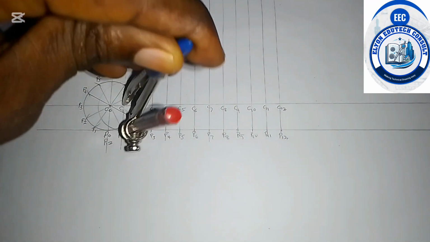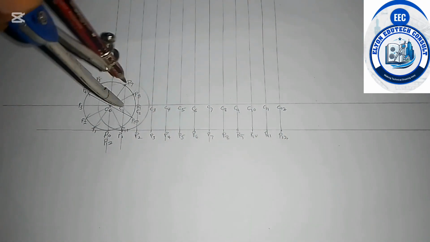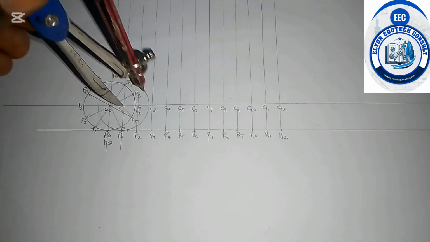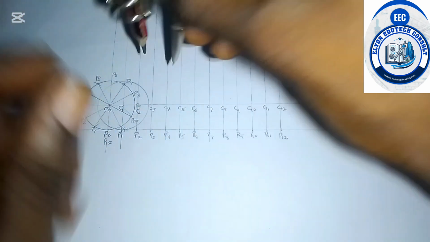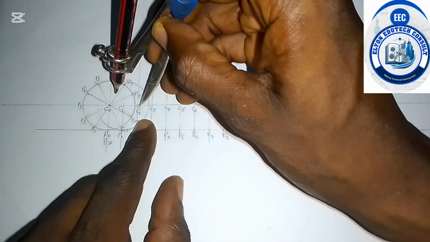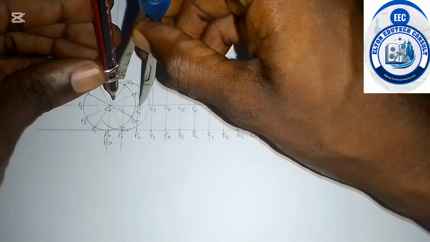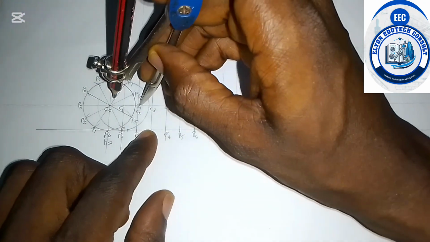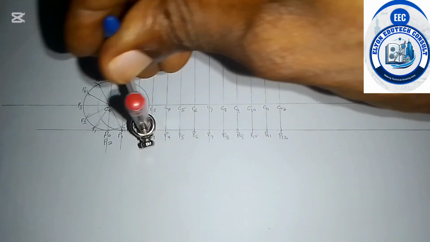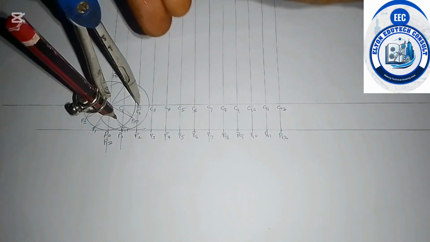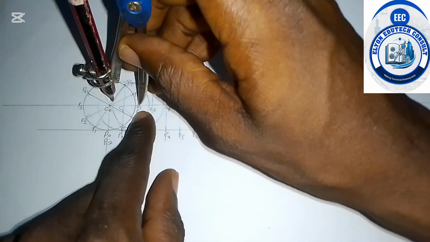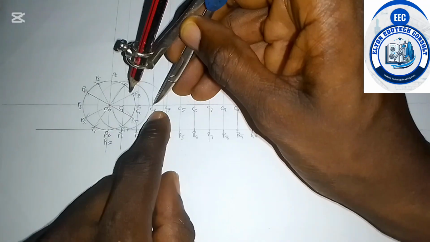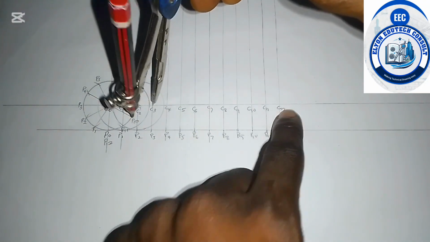All right, so you can see the circle. So I'm going to produce the circle all through, just use the centers. Go to C2 now. I hope you are seeing it. If you have difficulty seeing it, you can zoom the video so that you can get a good glance of it. So I will draw for the second one, go to the third one. I will do that all through until I get to 12.